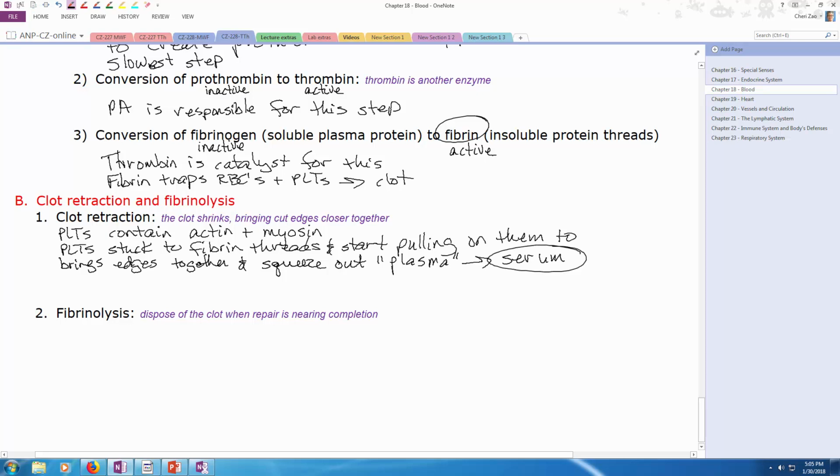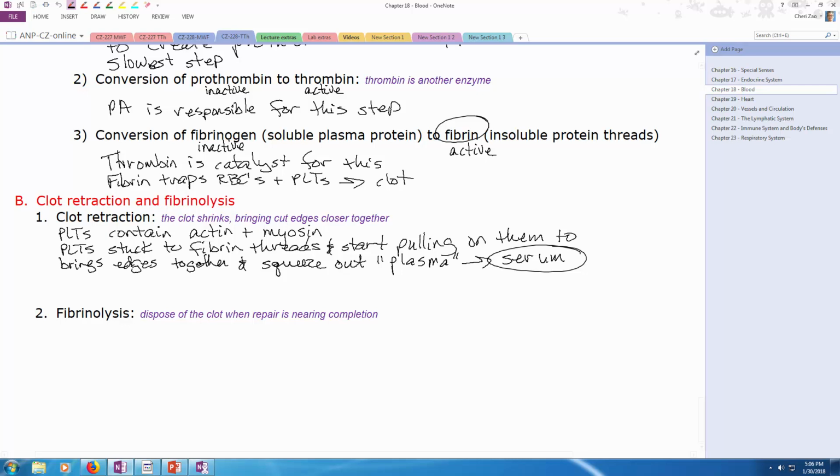Serum is plasma minus clotting factors. Do you see we used up all those clotting factors in the formation of the clot? Because everything that's in there is activated and will be used up. And now, because it's all been used up in this very localized area, we start pulling on those fibrin threads, squeezing out, just like wringing a dish rag, squeezing out fluid.